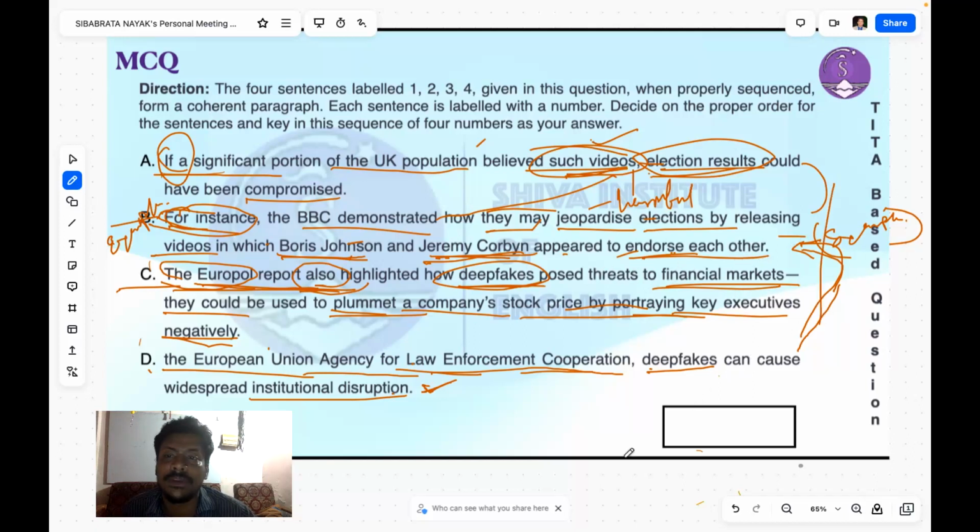So therefore, we consider option D will come first, and B, and then after that A and C. DBAC will be the appropriate sequence. Hope you got the idea. Thank you.